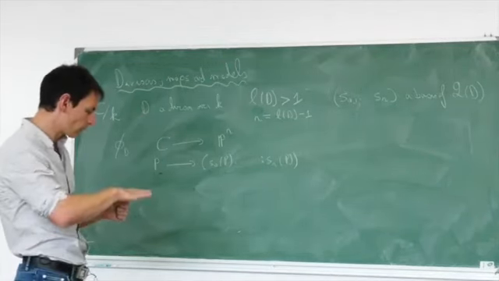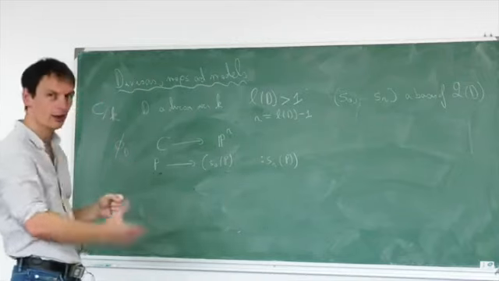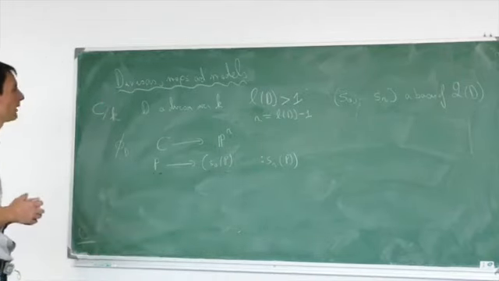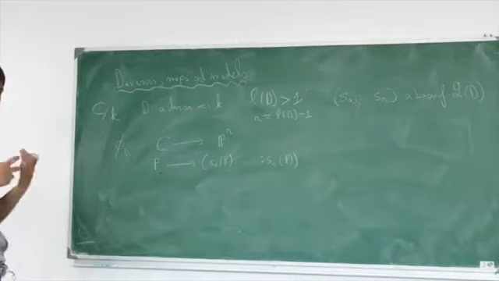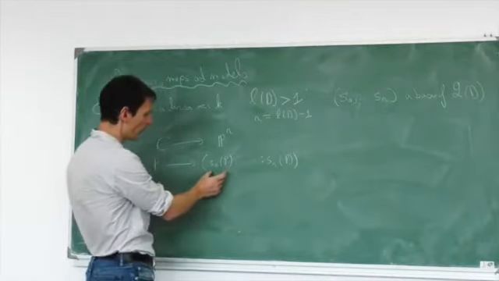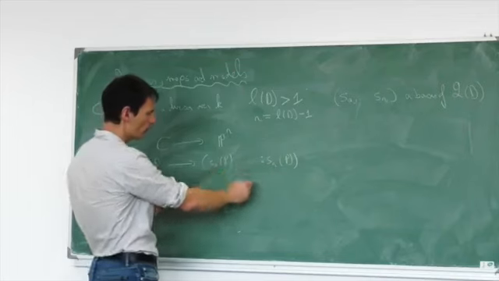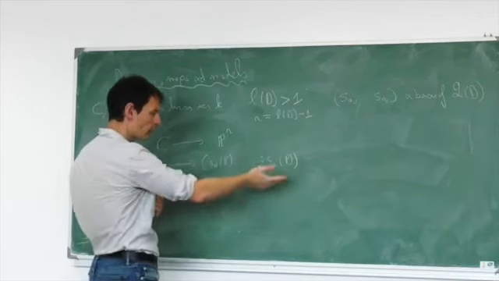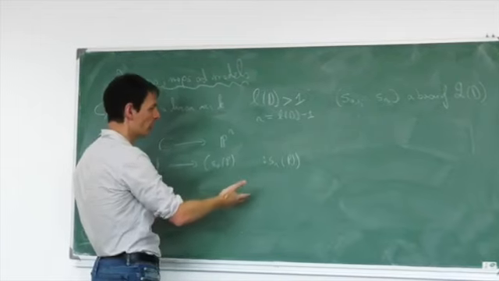Then you can intersect your image by any hyperplane inside PR. And you're going to get a divisor. What is a hyperplane? It is given by one of the coordinates, or a linear combination of the coordinates, being 0.